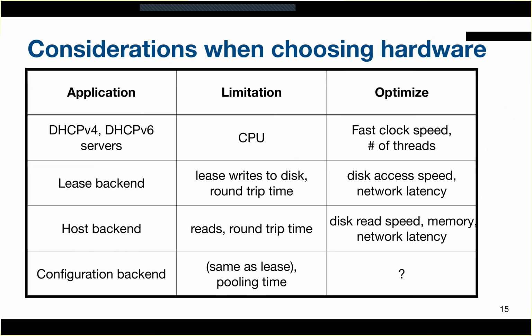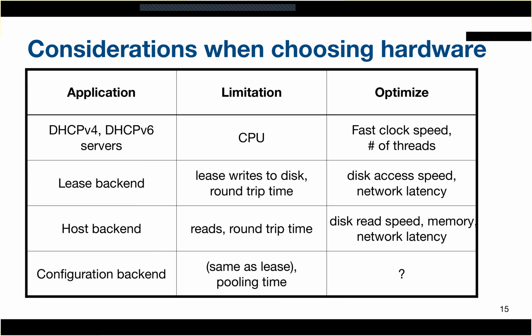Okay. So moving on, let's talk a little bit about hardware. This is a bit fuzzy because there is no specific recommendation. For the DHCP4 and DHCP6 servers, the core part of the logic, the allocation engine, the limitation usually is the CPU.